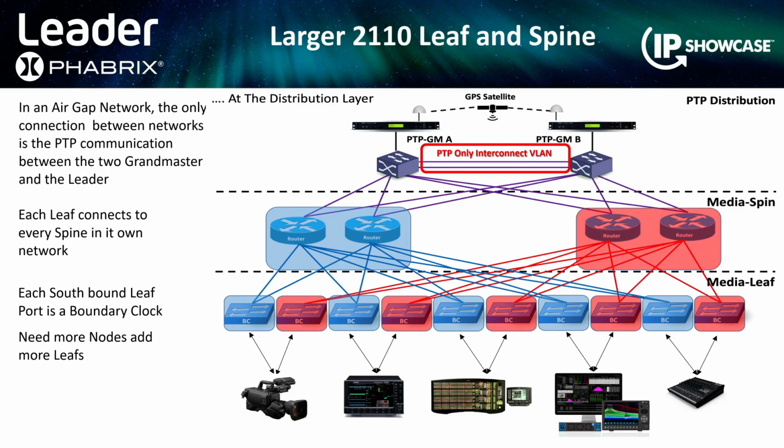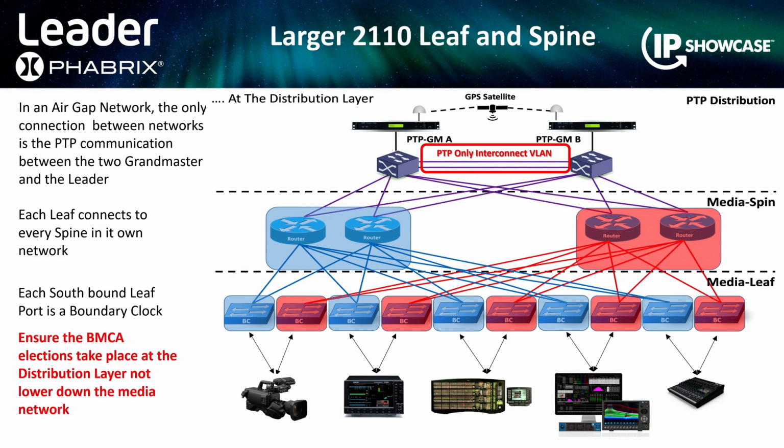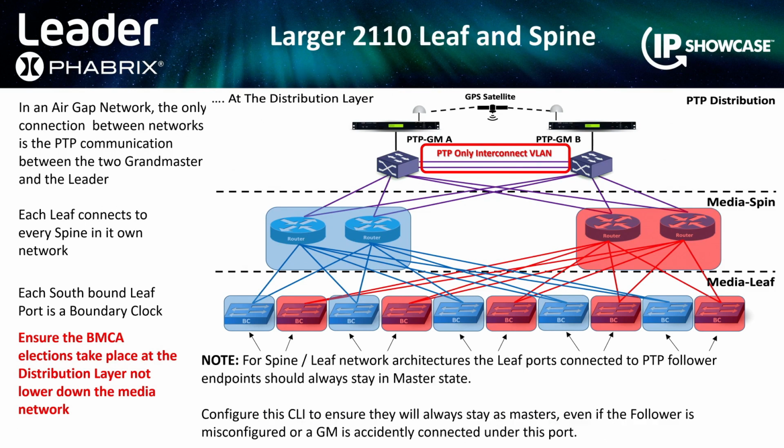So you need more nodes, you add more leaves. If you need more bandwidth on your system, you add more spines. To ensure that the best master clock election takes place at the distribution layer, that's what you want to happen.